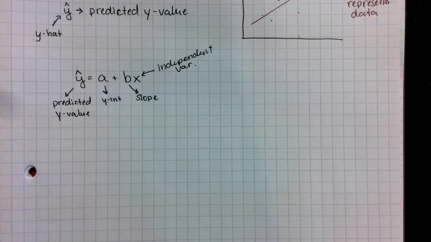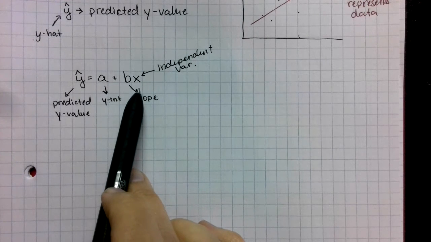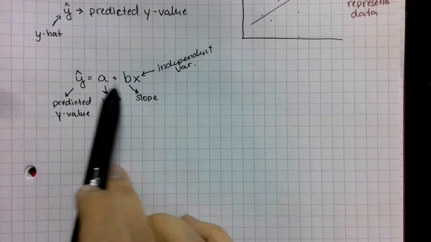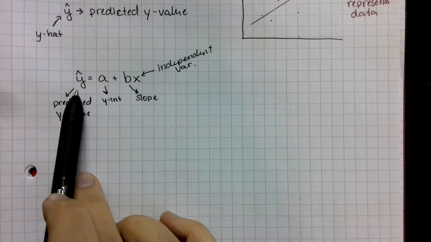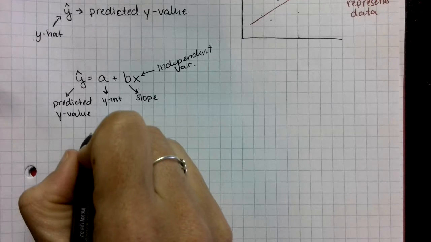So you're going to be able to plug some independent variable value into this equation, and based on that value, you will get a predicted y value. Again, interpreting this is going to be really important.